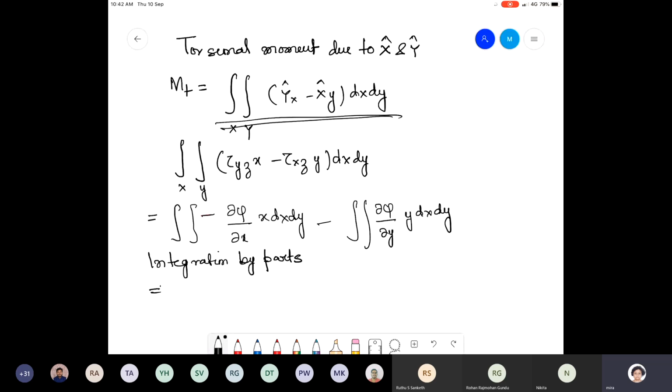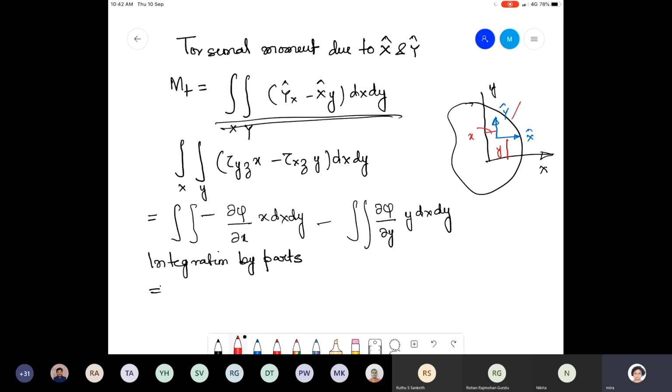Let me draw the figure. Okay, so I am getting y hat into x is giving me a moment.